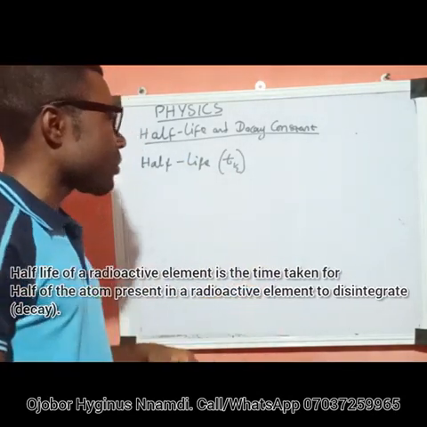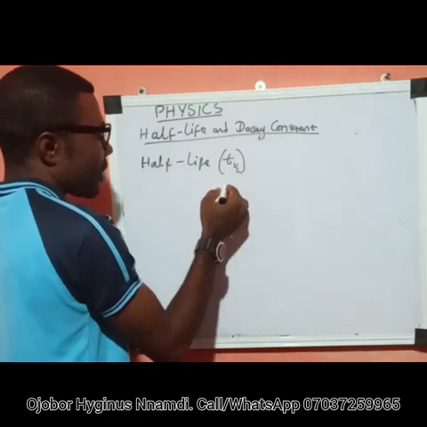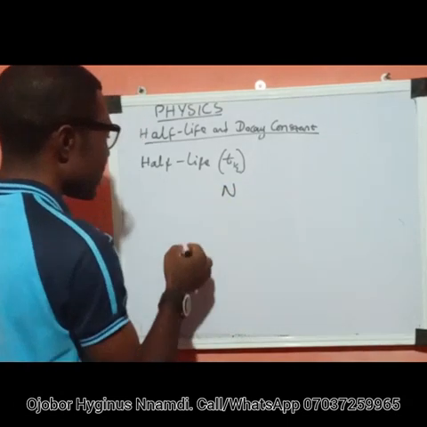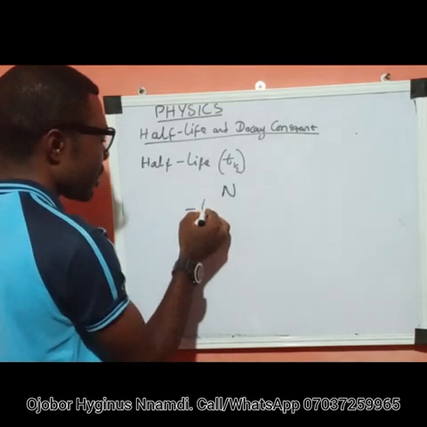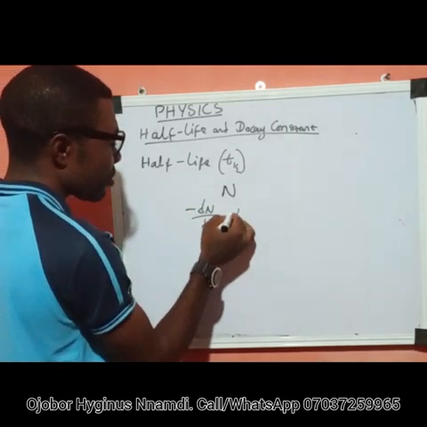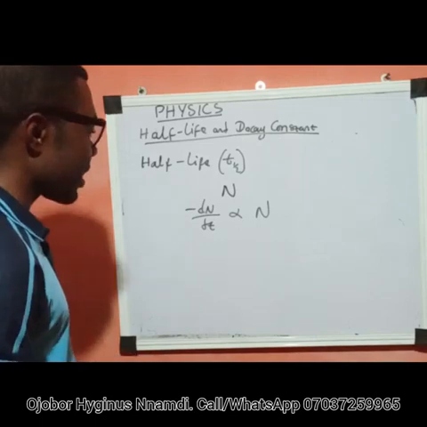That is half-life. If a radioactive element has a number of atoms N present at a given time, the rate at which this element will decay is said to be proportional to the number of atoms present in that element at that time.